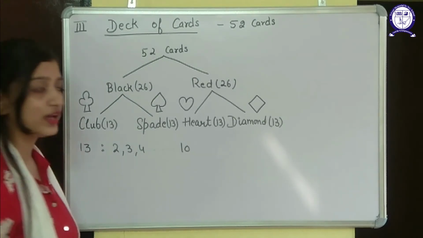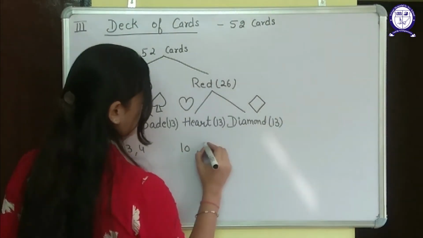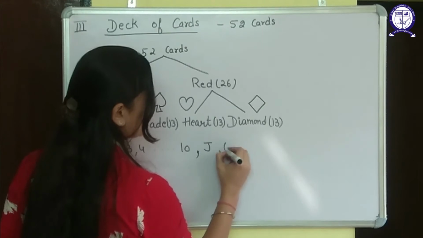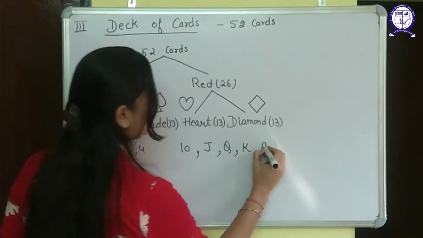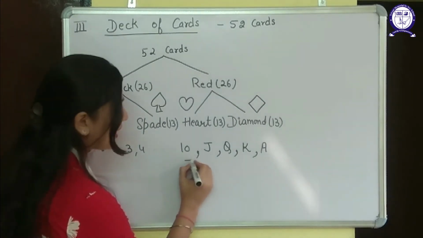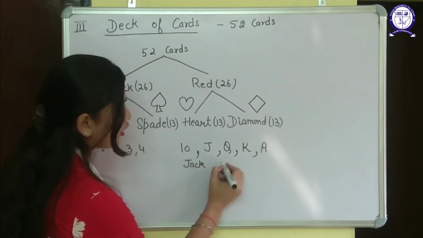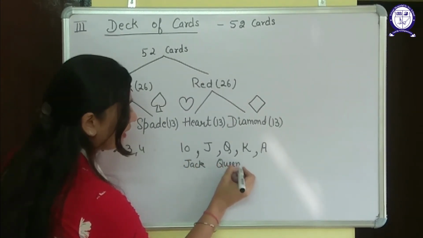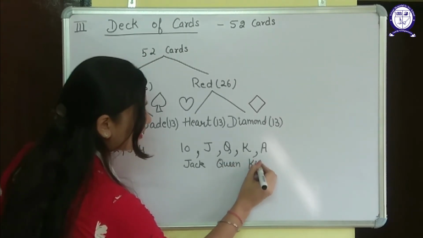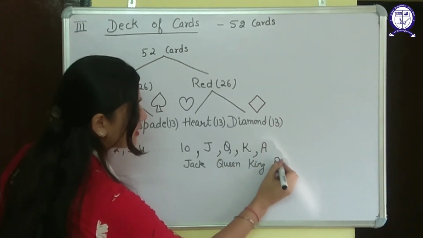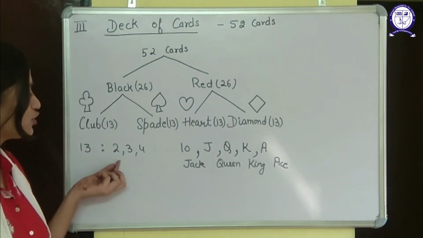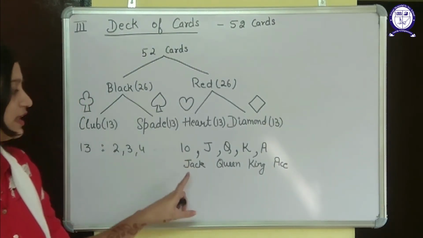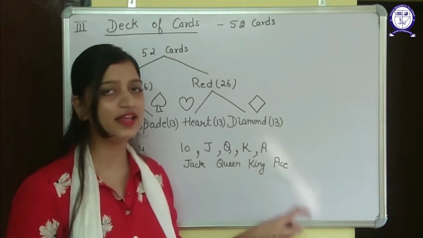Now other 4 cards are Jack, Queen, King and Ace. J is my Jack, Q is Queen, K is King and A is Ace. I have these 13 cards: 2 to 10, I have 9 cards, and then 10, 11, 12, and 13.